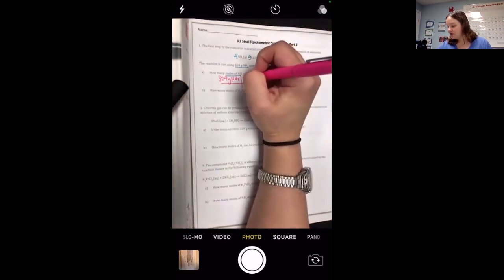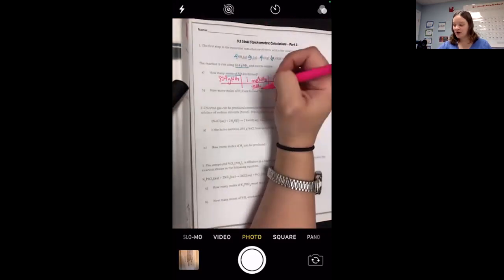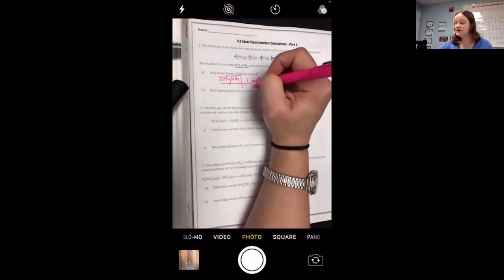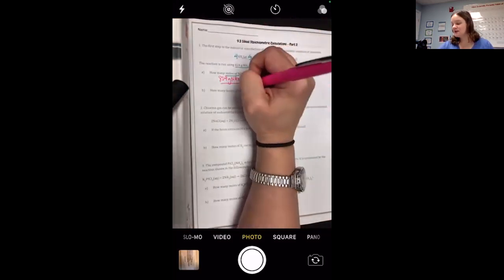So in 1 mole, because molar mass is how many grams do you have in 1 mole? If you look on your periodic table, nitrogen is 14. Each hydrogen is 1, so 14 plus 3 is 17 grams. And then I go find my mole ratio.